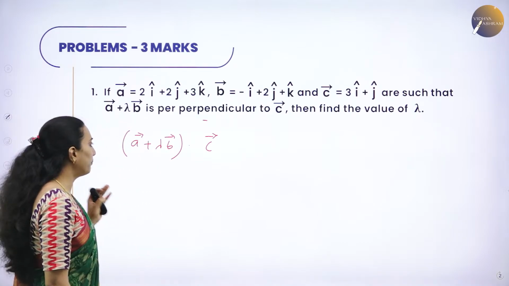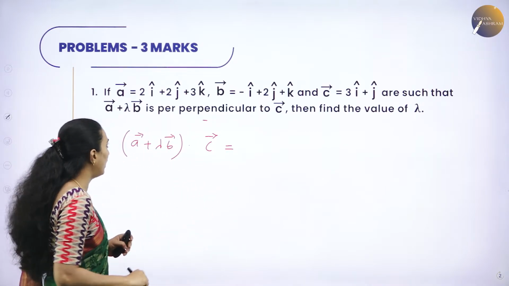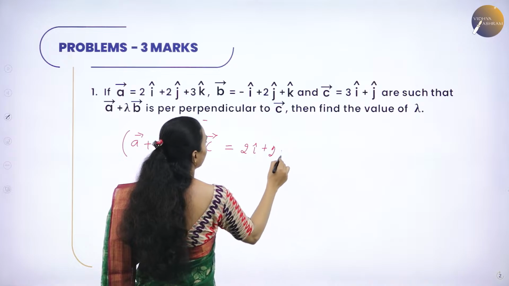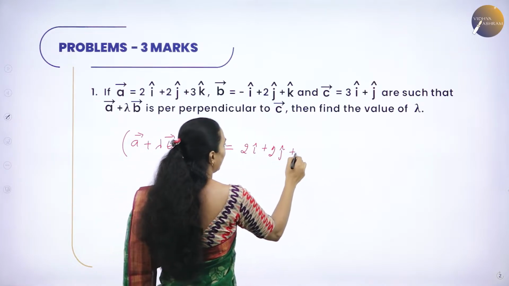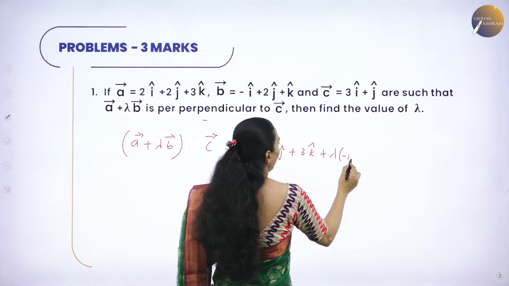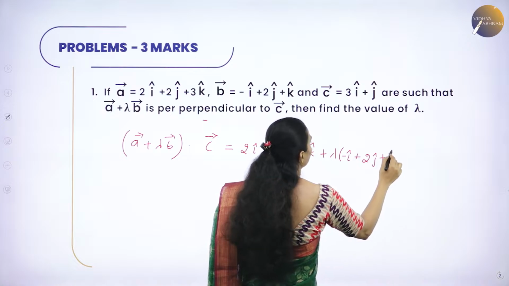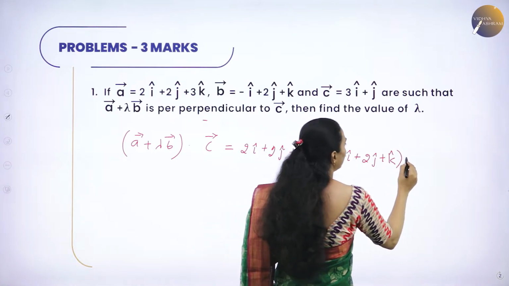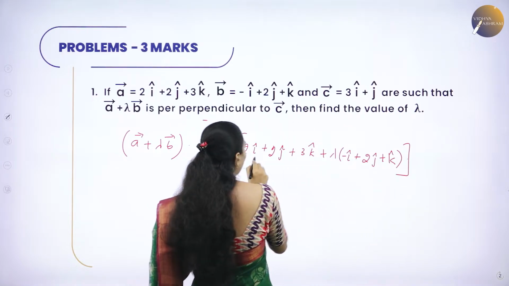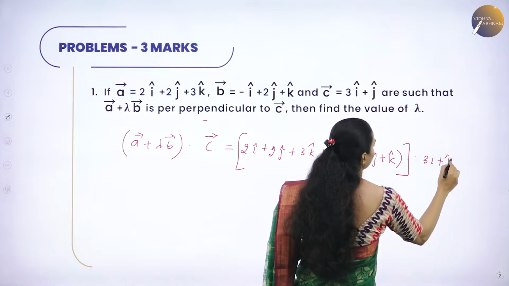So you are going to take the perpendicular condition. First let us take a vector, which they have given as 2i plus 2j plus 3k, plus lambda into minus i plus 2j plus k, dot c vector, which is 3i plus j.